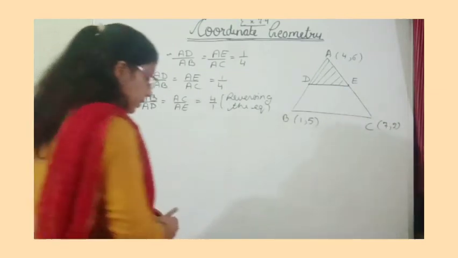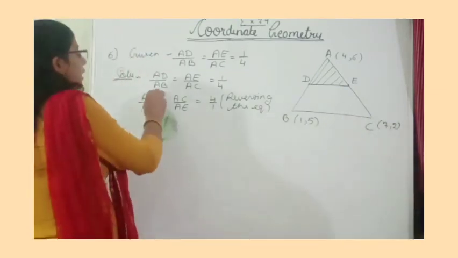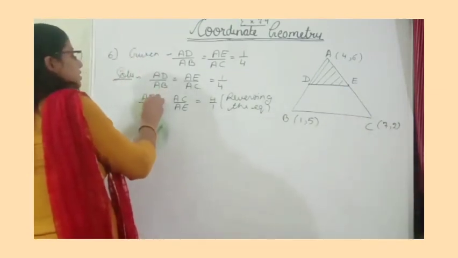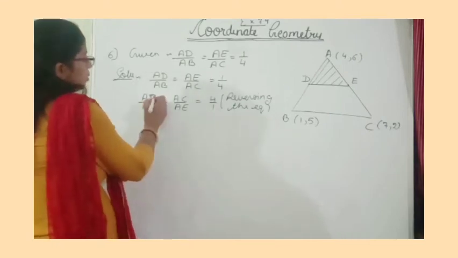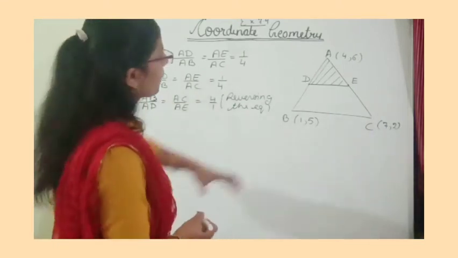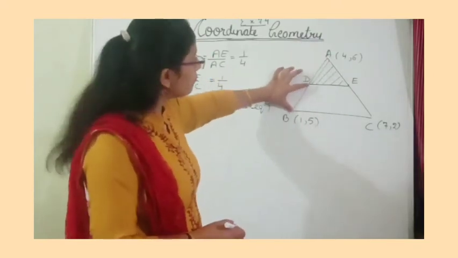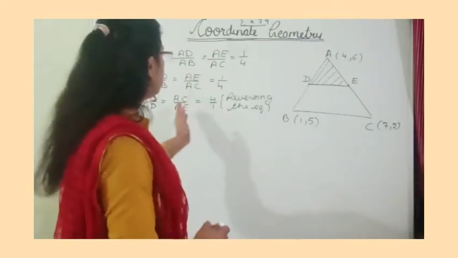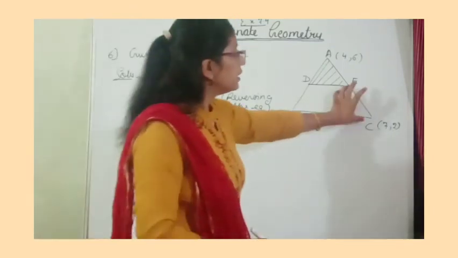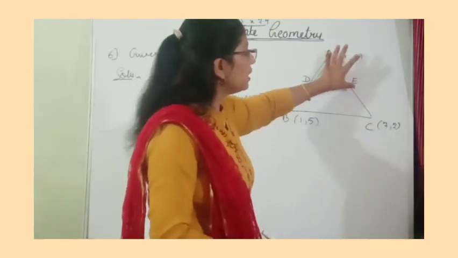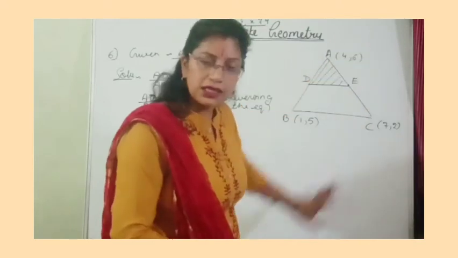Already I told you, whatever we have to change, we always take in the numerator. Now from AB we have to bring DB. So if we subtract AD from AB, we will get DB. In the same way, from AC we have to bring EC. If we subtract AE from AC, we will get EC easily.